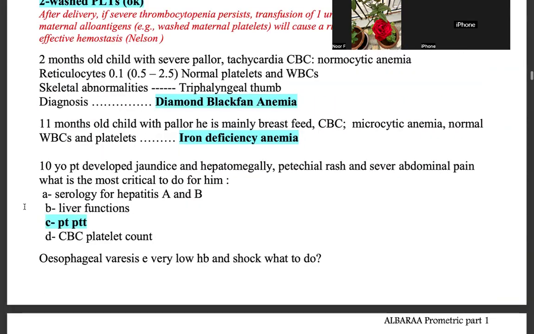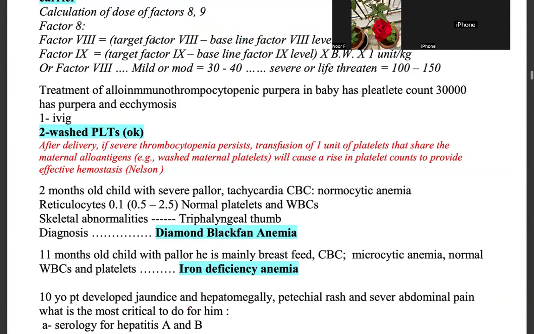But it depends on the question. If the question gives the baseline factor, then you will do it this way. If he doesn't give it, you will do the previous one which we saw before. Yes, 10 is the baseline factor level.